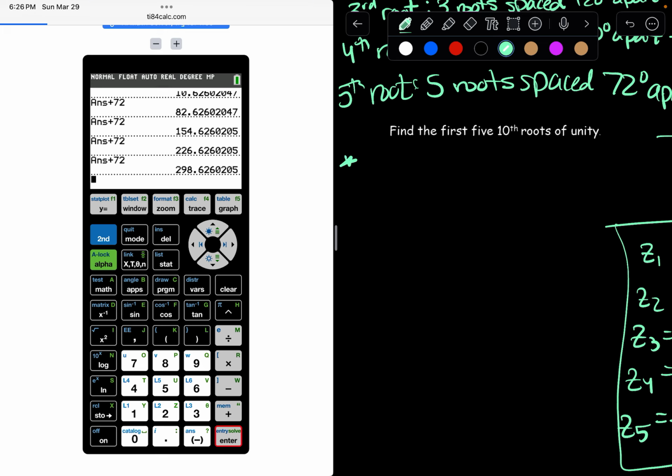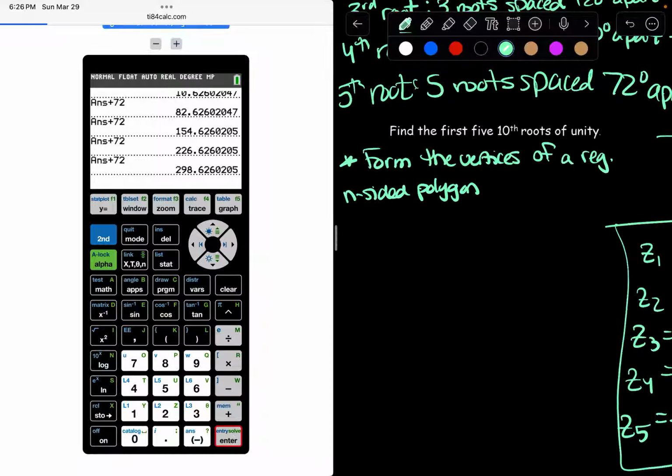So roots of unity, what these do is they form the vertices of a regular n-sided polygon, because we're still dealing with integers, inscribed in the unit circle in the complex plane.